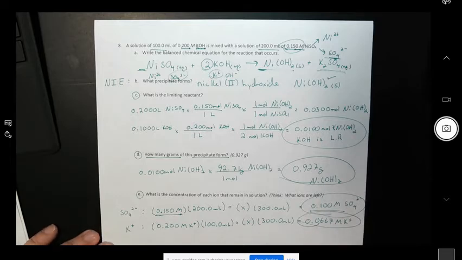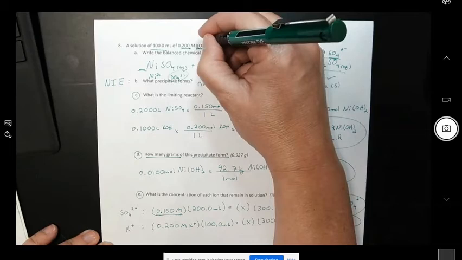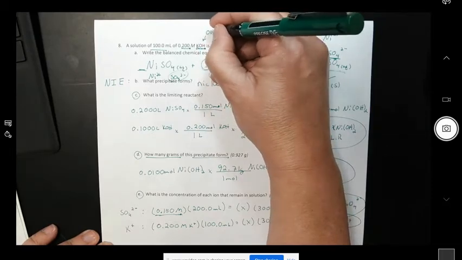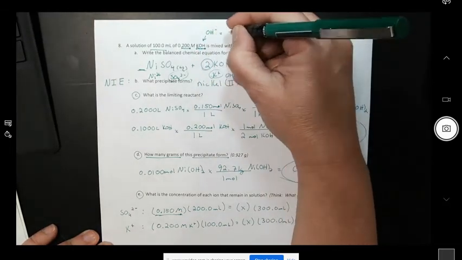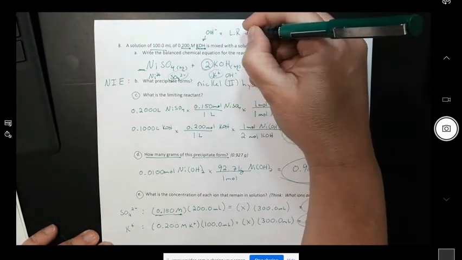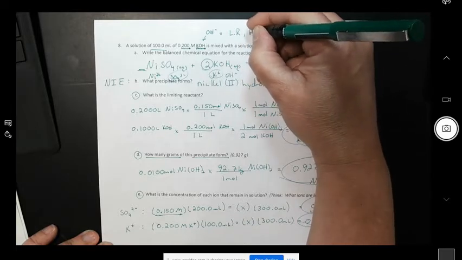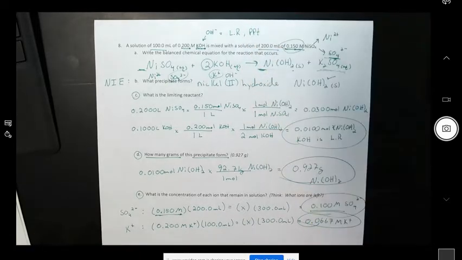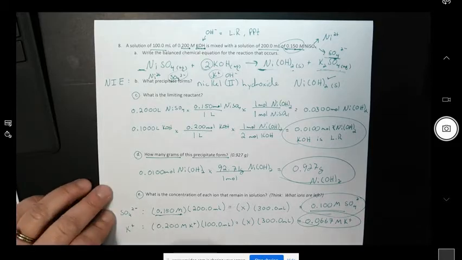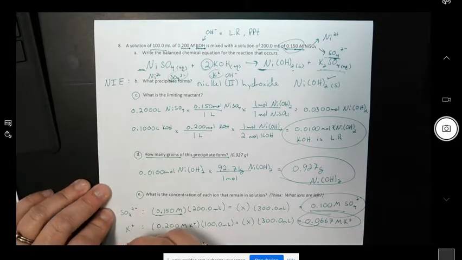I'm going to tackle hydroxide next. This one right here, not only was this part of the limiting reactant, but it was also part of the precipitate, PPT. That actually is kind of a good thing. Since we know it's part of the limiting reactant, we know that for hydroxide, we used it all up.